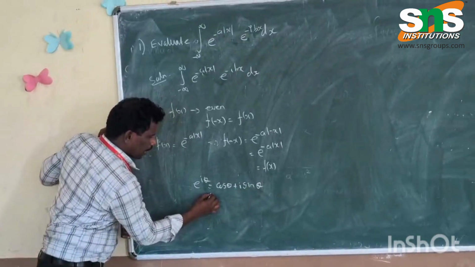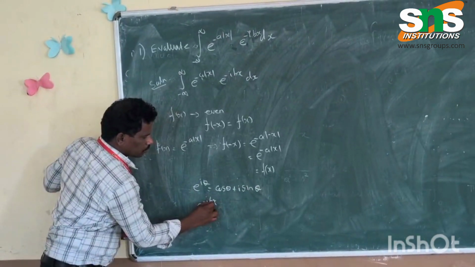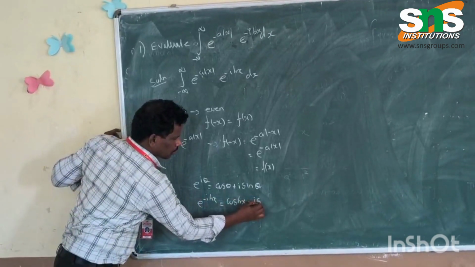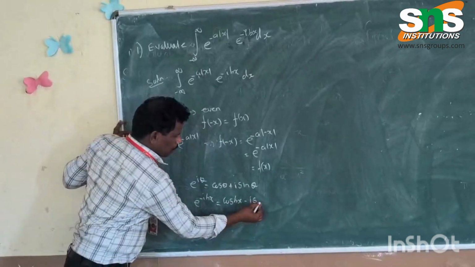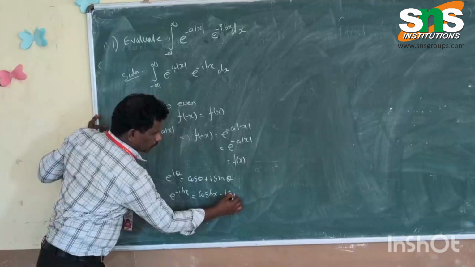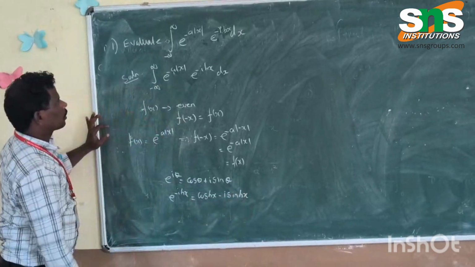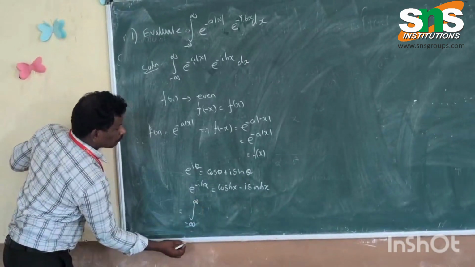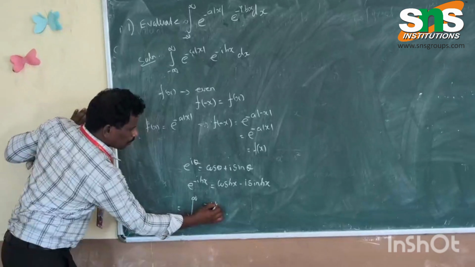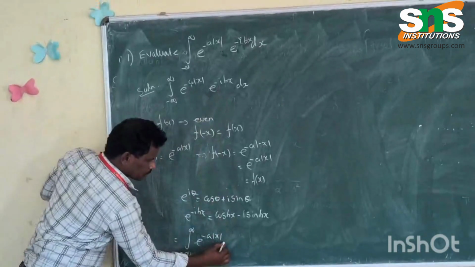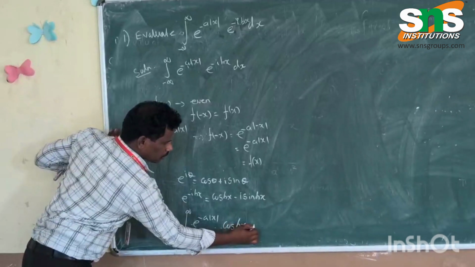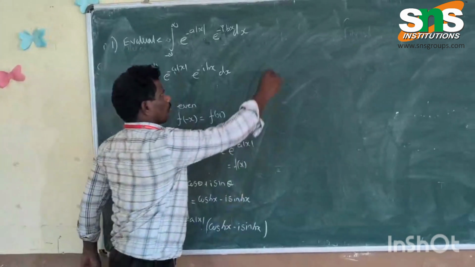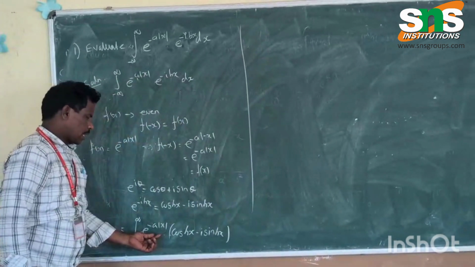Therefore, e power minus i b x, that is theta equal to b x, is written as cos bx minus i sin bx. So the integration can be written as the integral from minus infinity to plus infinity of e power minus a mod x into cos bx minus i sin bx, multiplied by e power minus a mod x.